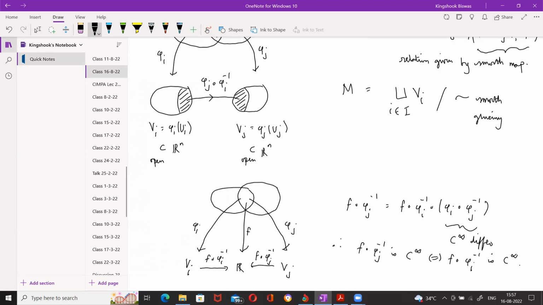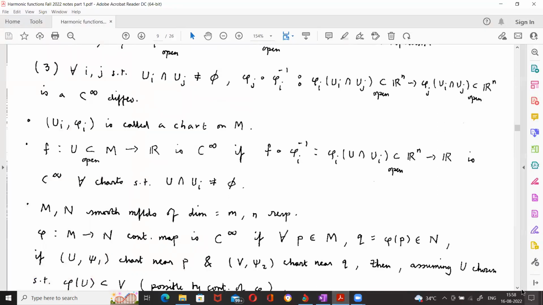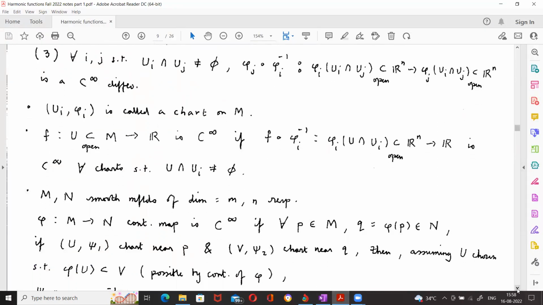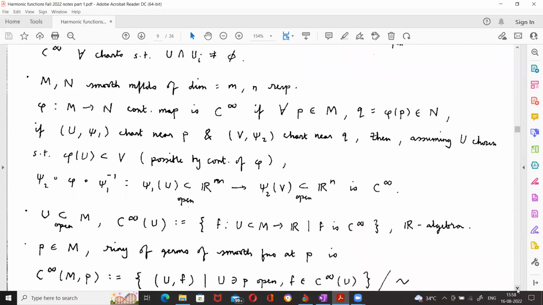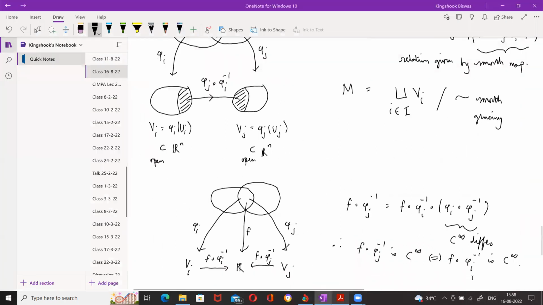Okay, so I can talk about smooth functions on my manifold. And similarly, I can talk about smooth maps between smooth manifolds. Instead of writing out the definition for you, let me just draw it here.